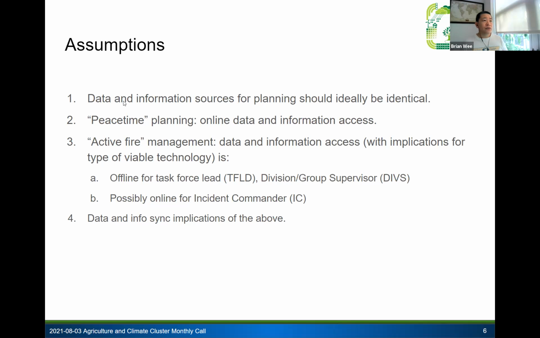Now, I keep referring to data information because I think at a larger scale, even though we're talking about data right now, for those of you who have been following what Bill and I have been pushing, the term information is used to encompass publications too, like wildfire science publications.